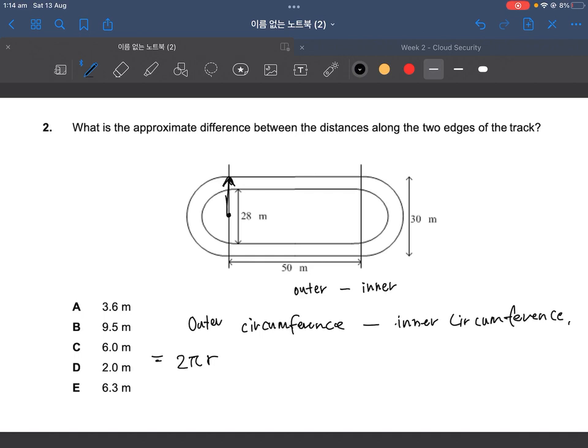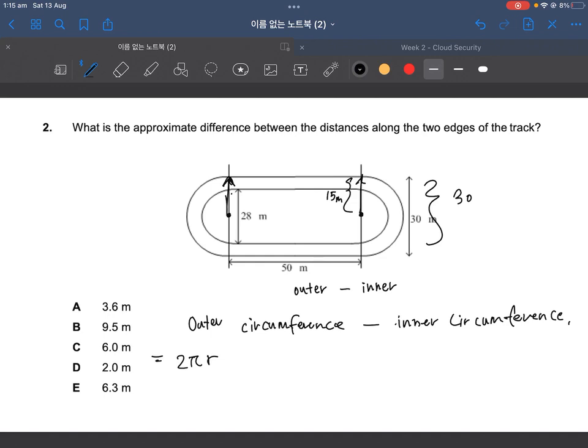So the outer circumference is going to be with the radius 15 meters, because this distance is 30 meters, then half of that, which is this distance here, is going to be 15 meters.